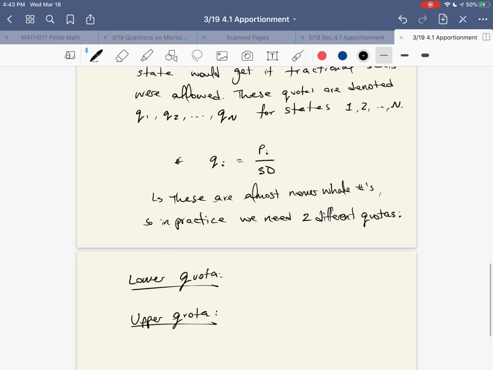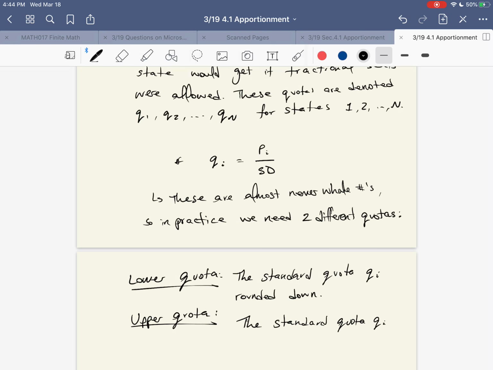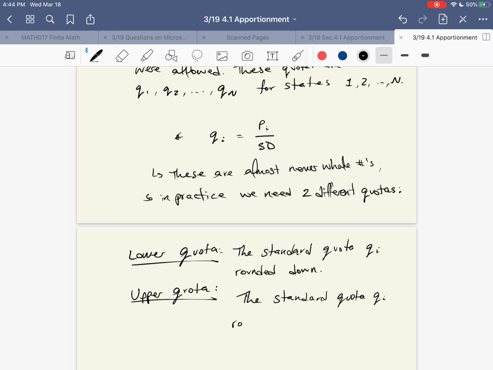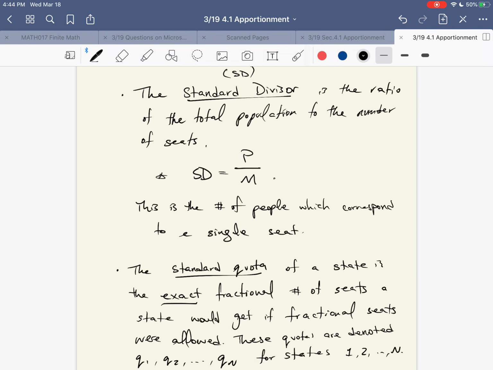The lower quota is simply the standard quota rounded down, and the upper quota is the standard quota rounded up. Now remember that these quotas correspond to a specific state, while the standard divisor corresponds to the whole system. It's good to keep in mind.